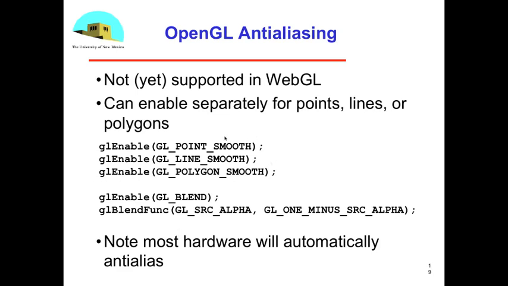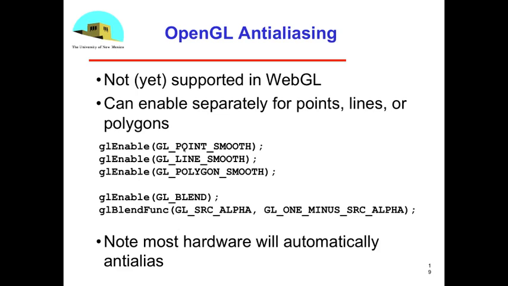But what is in the full desktop OpenGL are functions using enable in 3 different ways to smooth lines, smooth points. Because if you just generate a point primitive, it's going to come out as a square pixel. You would probably prefer that to be a little more rounded by spreading its color over multiple pixels.